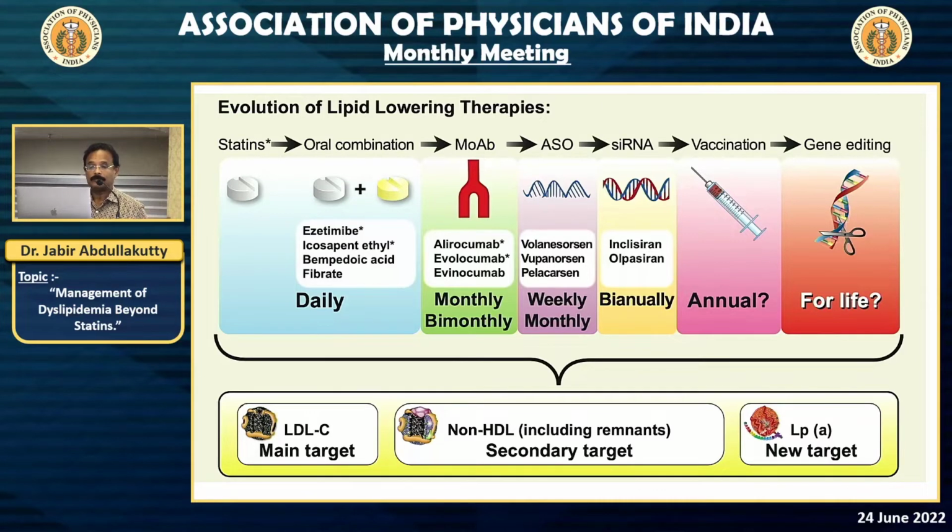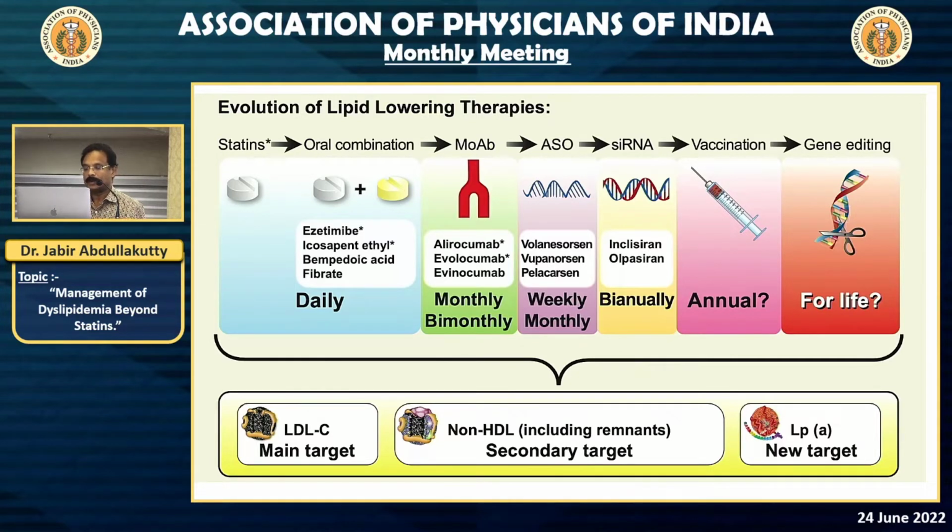We started from the statins. Before the statin, we had the gemfibrozil and all. Then the statins with plenty of data in secondary prevention and primary prevention, and they became the mainstay of therapy. Then other drugs, ezetimibe, icosapent ethyl, bempedoic acid, fibrate, which should be given daily.